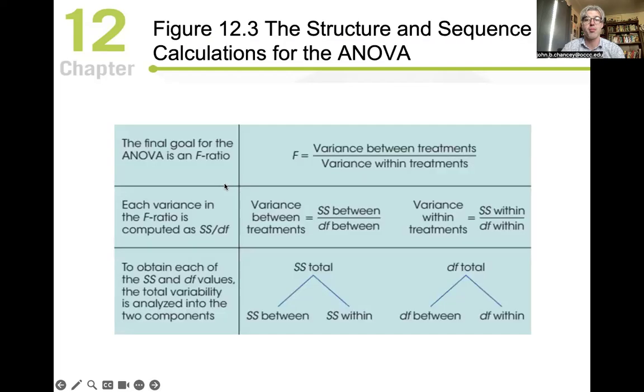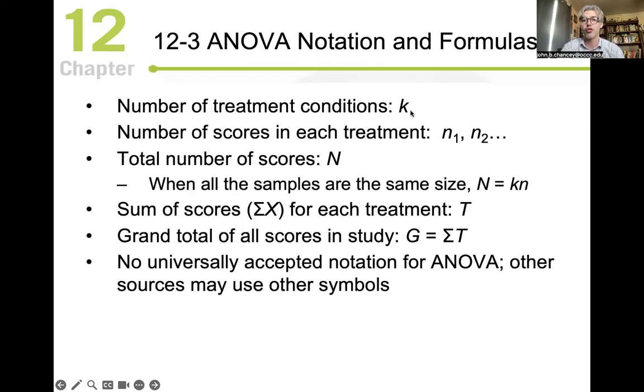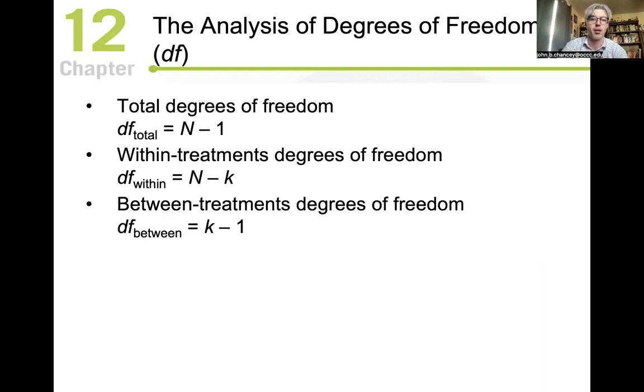So remember, 60 minus k, where k is our number of treatments. So it would be 60 minus 3, giving us 57. And then between treatments, degrees of freedom is k minus 1. So if we have three conditions, 0, 50 milligrams, 100 milligrams, that's going to be 3 minus 1, giving us 2. So that's how we find it.